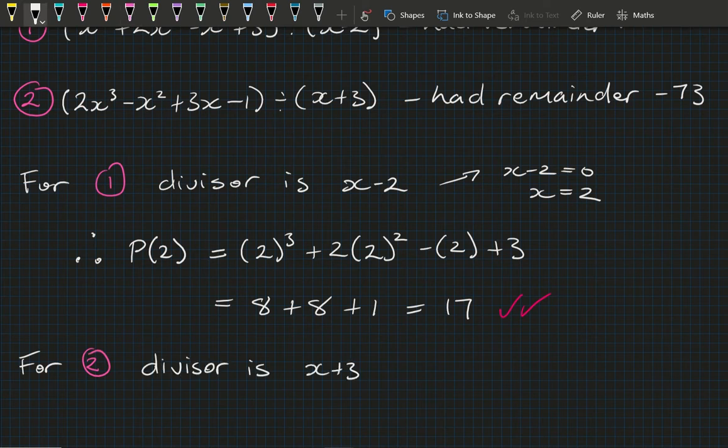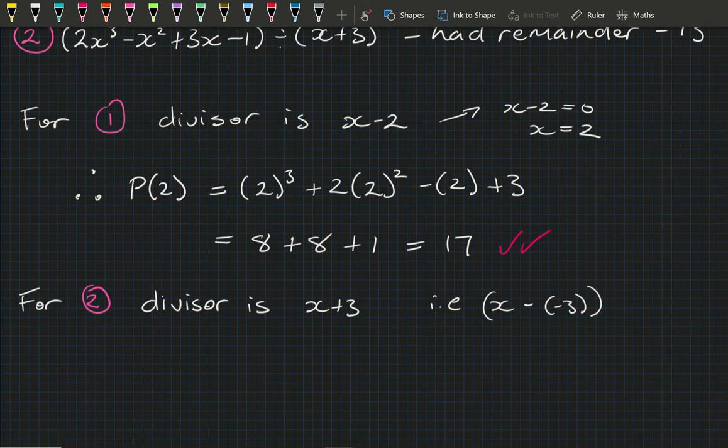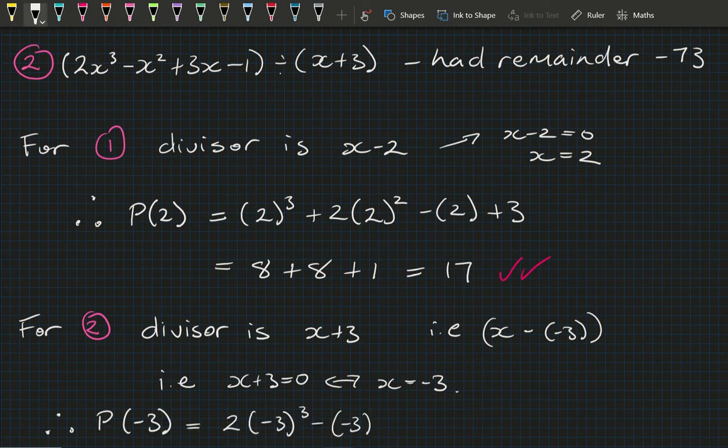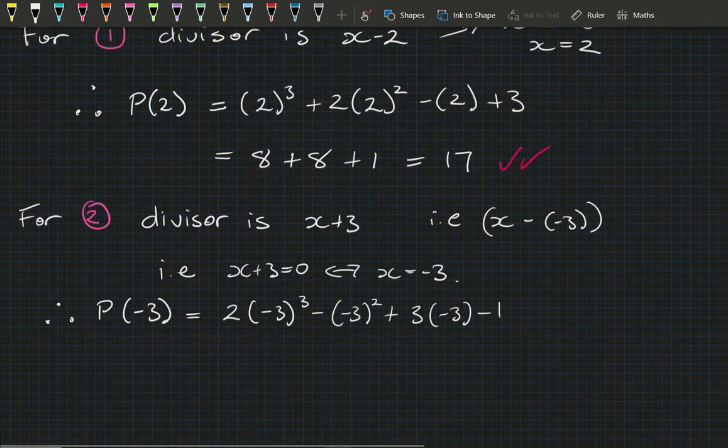And another way of saying x plus 3, which will help some of you make a shortcut later, by the way, is that it's equal to x minus minus 3. And obviously, this divisor equals 0 when x is equal to minus 3. So keeping an eye on line 2, if we sub in the value minus 3 into that polynomial, then 2 times minus 27 is minus 54, and minus 9 plus minus 9 and minus 1.